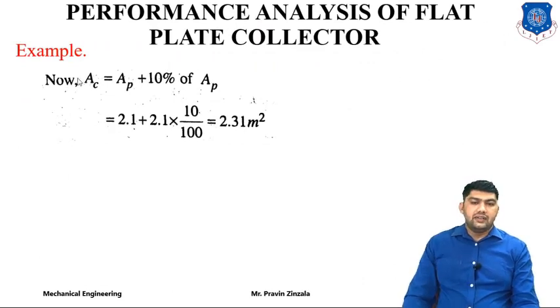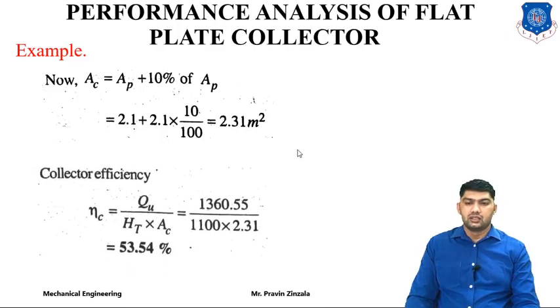Second, the given data also specifies that the collector area is equal to the plate area plus 10% of the area extra. So this is the plate area, 2.1 plus 2.1 into 10% of Ap. The final area is equal to 2.31 meter square.